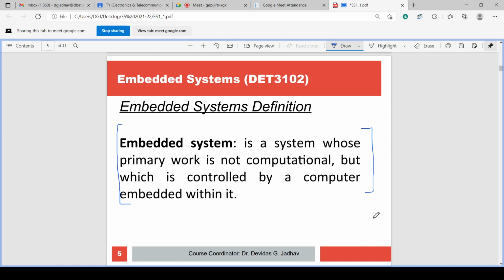So, a system whose primary work is not computational, but which is controlled by a computer embedded within it. The embedded system has a computer which is used for controlling its functioning. So this is the definition of an embedded system.